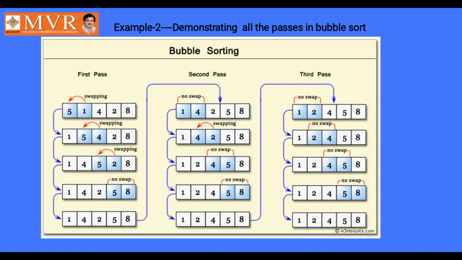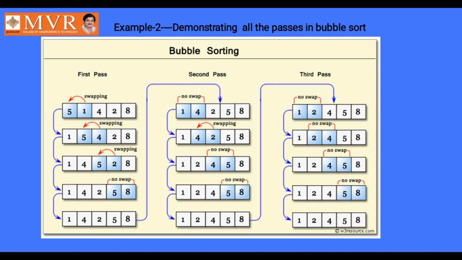So this extra pass, that is the third pass, starts from the zeroth element, that is 1, and ends at the n minus 1 element, that is 1 and 2 is compared. Then in the second step 2 and 4, in the third step 4 and 5, and in the fourth step 5 and 8. So all the elements are compared.